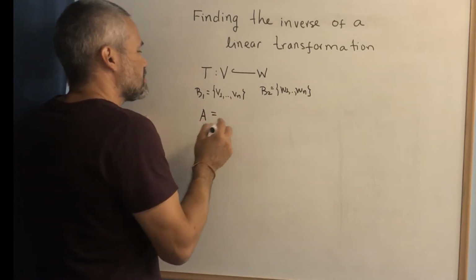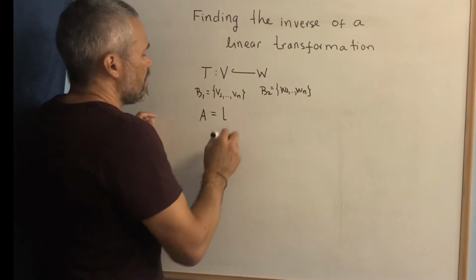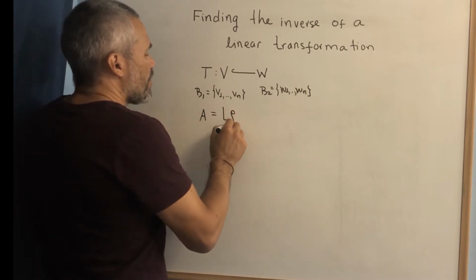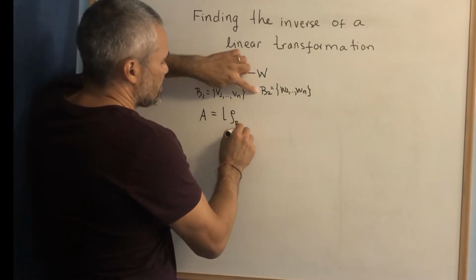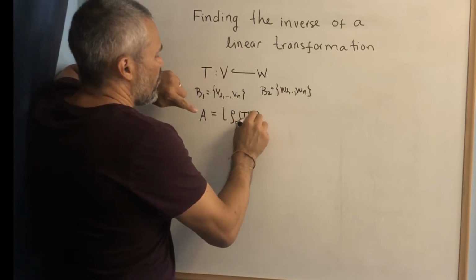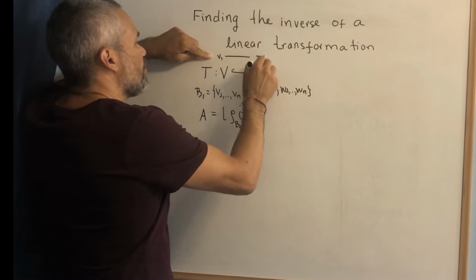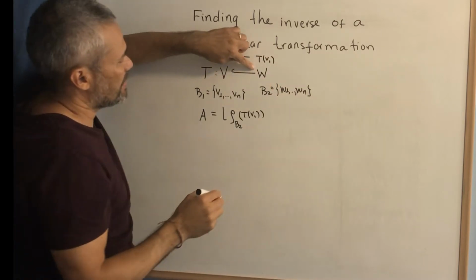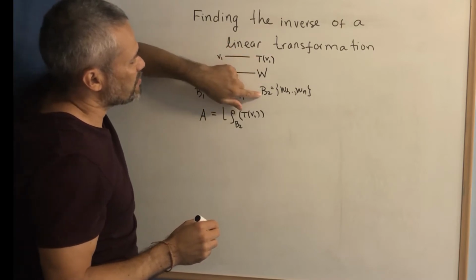And just to remind you, what is this? In the first column of A, we write down the coordinates, with respect to these bases, of T of b1. Remember that here is B1. T of b1 is an element here, and since it is an element here, I can write the coordinates with respect to these bases.